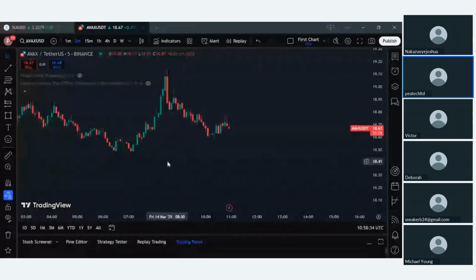In our next class, we are going to learn the concept of these Japanese candlesticks and their meaning. If you see a doji, what does it mean? If you see a morning star, what does it mean? A shooting star? Different candlesticks and their meaning. We are going to learn all these things, and then also implement them in the market.